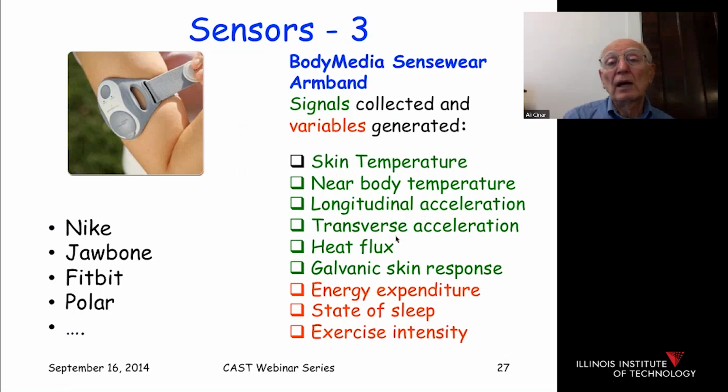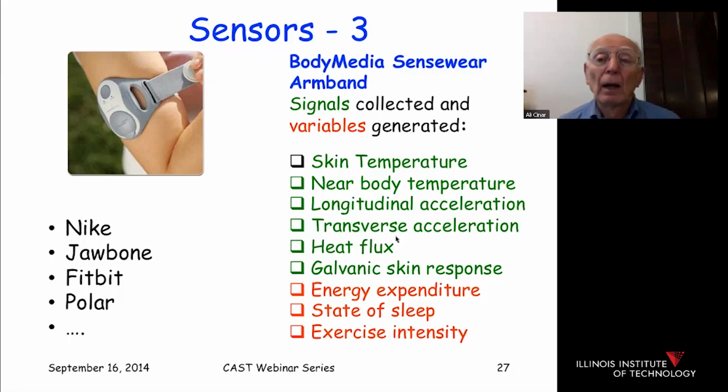What we have done is to move in a different direction. We thought that there are several other metabolites in the body that are indicating a number of changes that are taking place in the body. And these may be caused by physical activity, they may be caused by sleep, they may be caused by other events that are taking place.